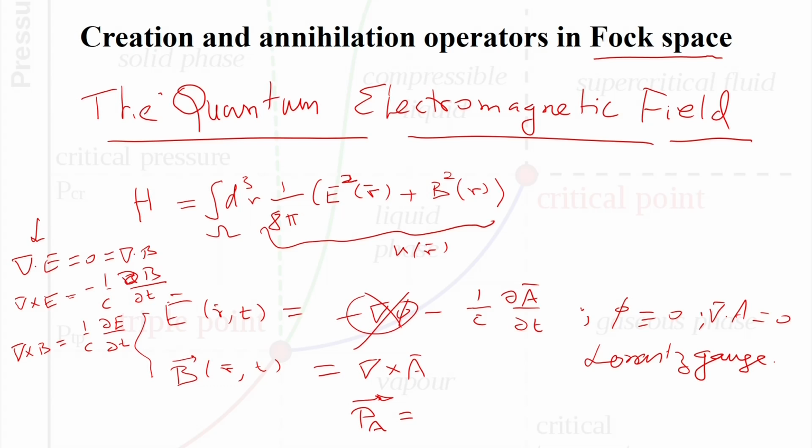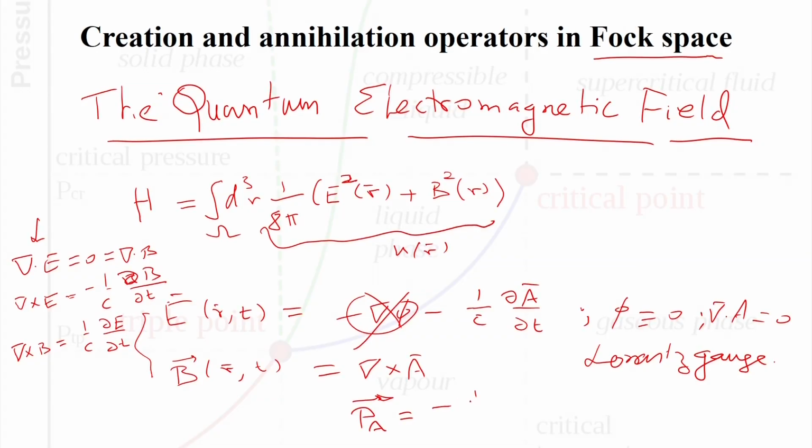Basically, it so happens that the Poisson bracket relations are recovered if I decide to think of it this way. Remember that the mutual Poisson bracket between momentum and position is 1. So, if I choose to think of the electric field as being proportional to the canonical momentum, then it so happens that I can think of the vector potential as the position. Okay. So, this becomes my R.